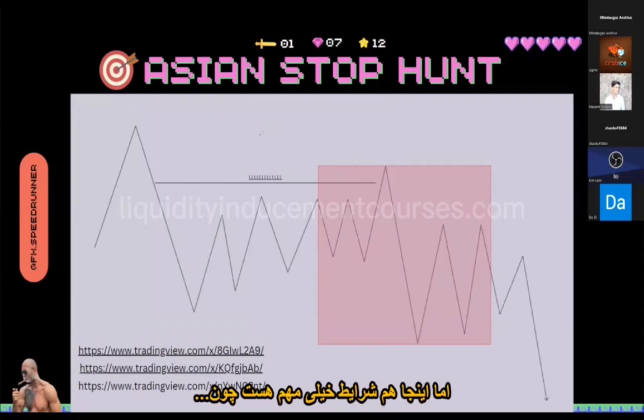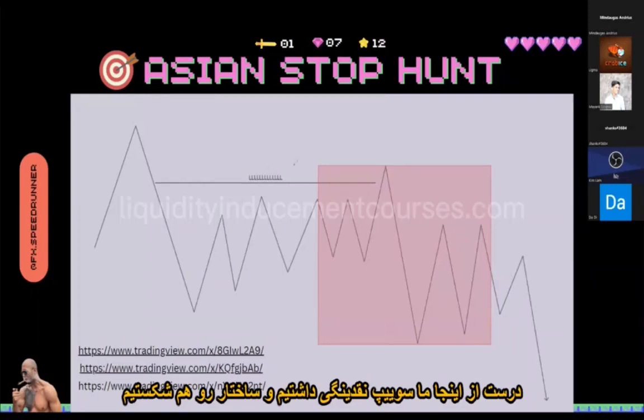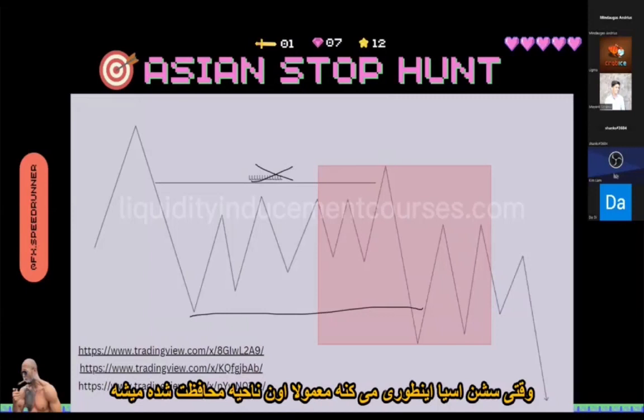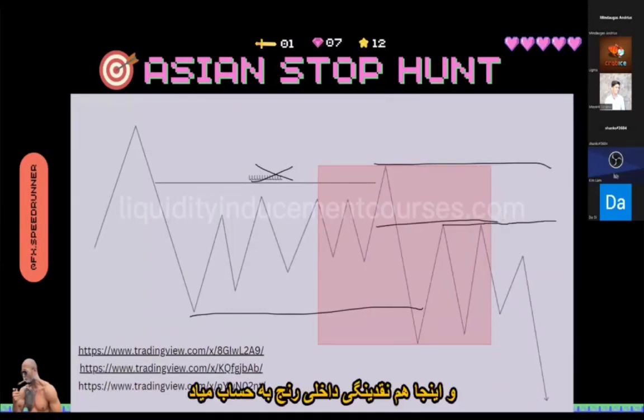But the context again here is important because just from this, if you have a liquidity sweep here, we broke structure. And when Asian does this, this usually becomes protected, and this becomes your internal range liquidity.